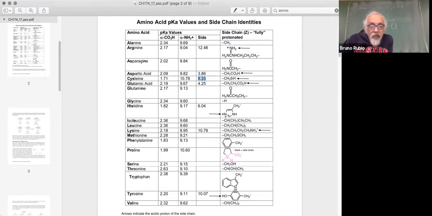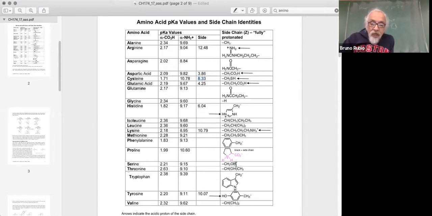Drop down on this table and look at serine. Cysteine is CH2SH. Serine is CH2OH. The only difference between cysteine and serine is that cysteine has an S where serine has an O. But notice that cysteine has an arrow pointing to it, but serine doesn't.